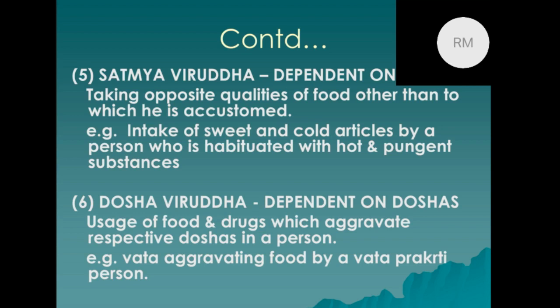So if you take a vata aggravating food and you are a vata prakriti person, a vata constitution person, or if you have a disease in which vata is increased, then this becomes incompatible with respect to the dosha. This is another factor which makes food incompatible. I'm emphasizing these concepts because these are ideas which are very unique to Ayurveda, which are not seen in modern principles of nutrition.